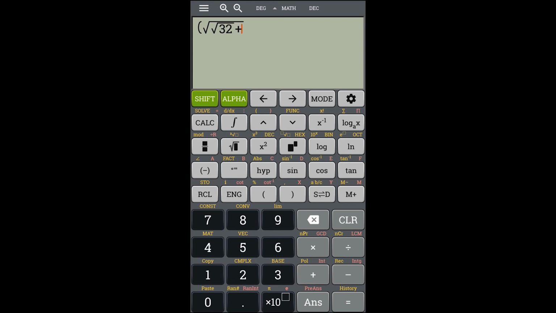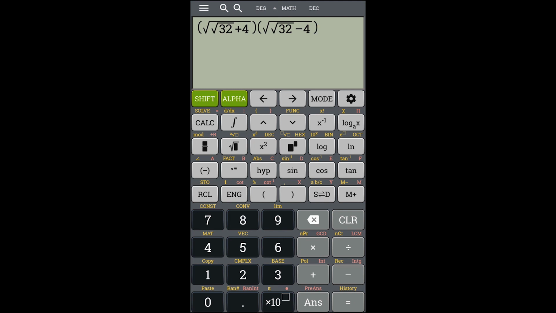So we will substitute with a 4. Close bracket, open another, the square root of 32 minus x. So we substitute with another 4 and we close this bracket. So this is equal to x.